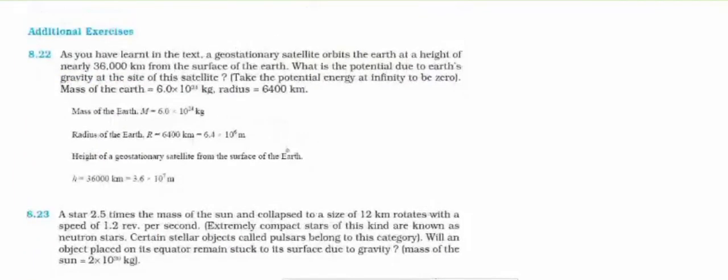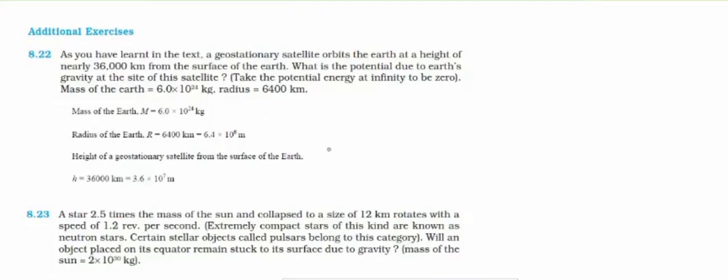Now, come to the additional exercise. So here again, we have a satellite 36,000 kilometers from the surface of Earth. Then, what is the potential due to Earth's gravity at the site of the satellite? Now, mass of Earth is given, radius is given.